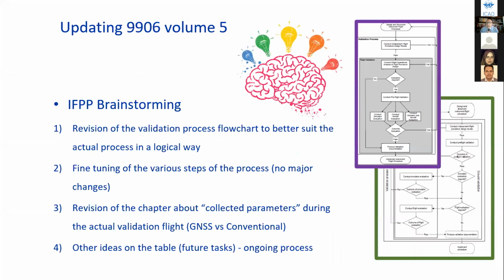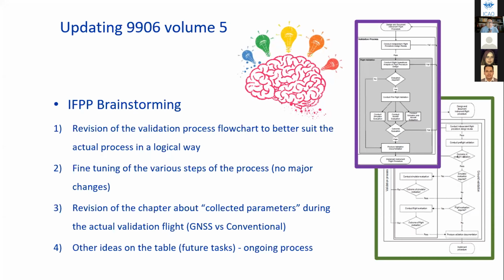Then we have done some brainstorming within the IFP, collecting all the information to do some update to the flow charts and to the process. We want to keep all the items and the tasks, but probably the logic of the flow chart and some of the tables that we have at the beginning in 1.2 of the 9906 volume 5 will be a little bit rearranged.